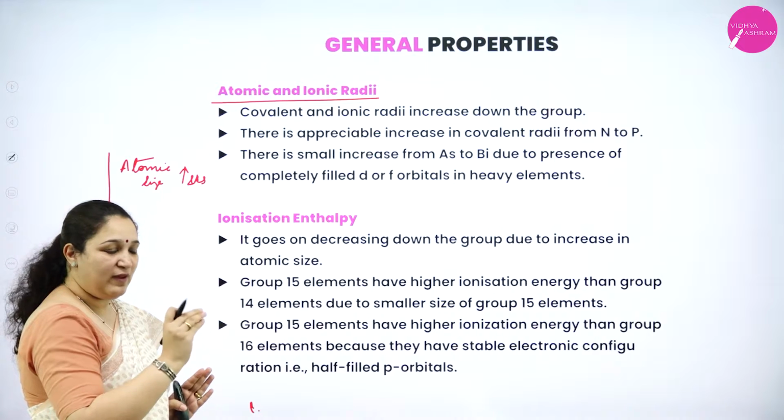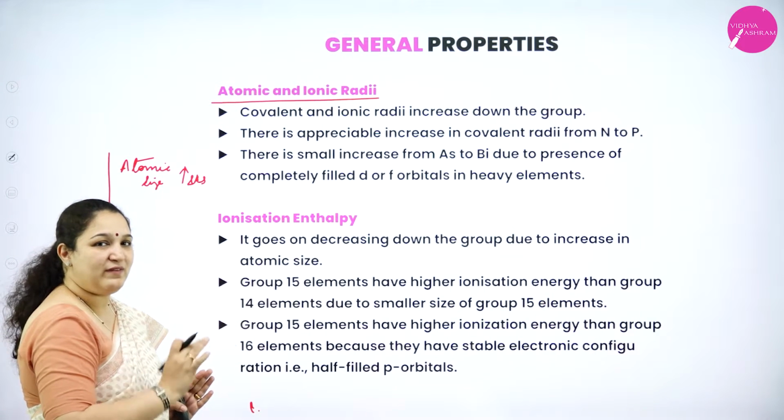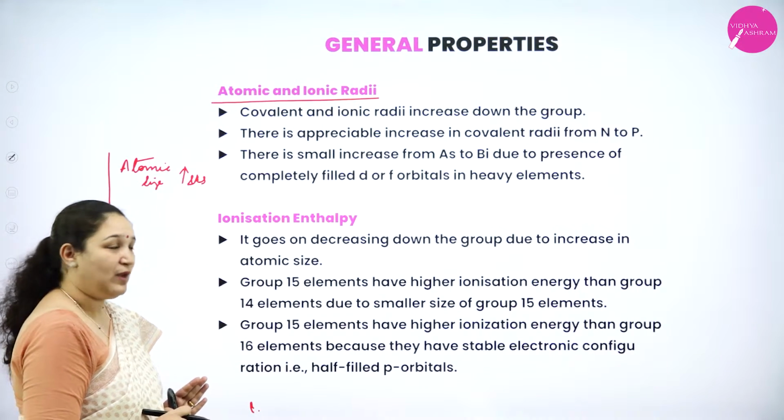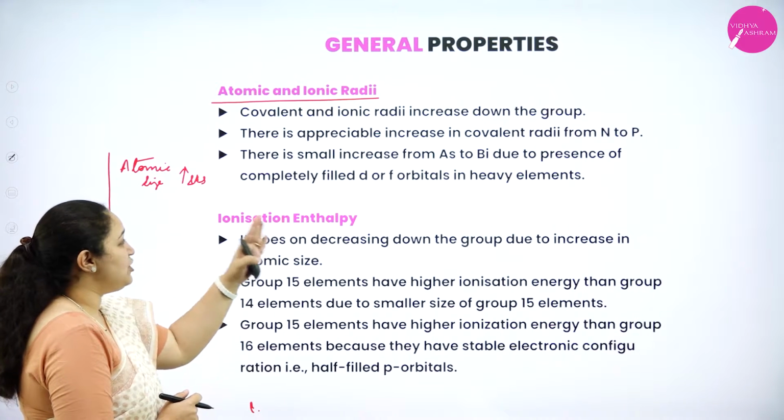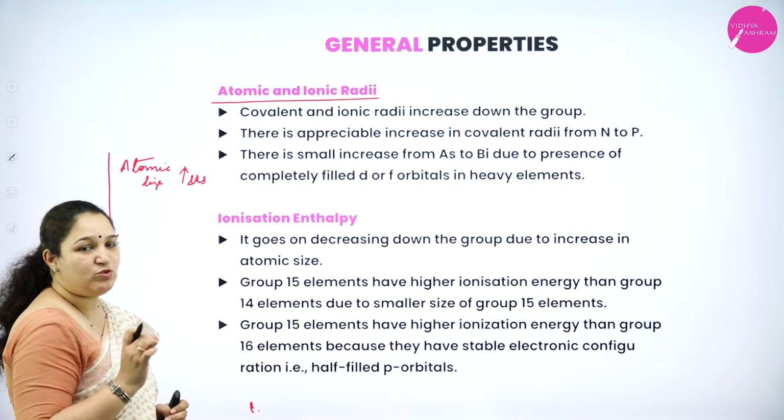Here and there when we are comparing with the neighboring group, I will tell you how you need to remember. Next, there is appreciable increase in covalent radii from nitrogen to phosphorus.